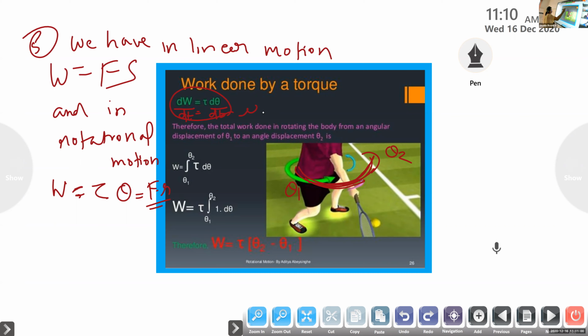The dt cancels, so dW is equal to tau d theta.